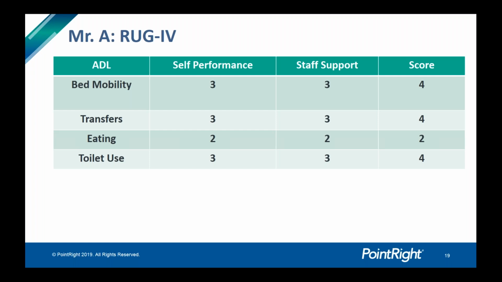Again, he is able to do a little bit of assistance on his unaffected side with turning himself, maybe reaching over to the bed rail, but he still needs assistance of 2 people in order to accomplish the toileting program. So we have a score of 4, 4, 2, and 4, which would give an ADL score in RUG-4 of 14. That's enough math for today, right?